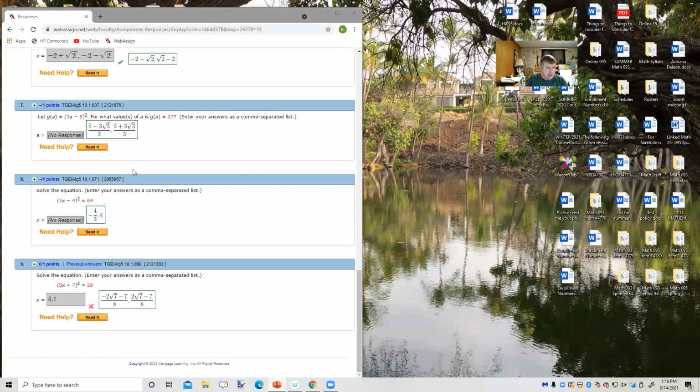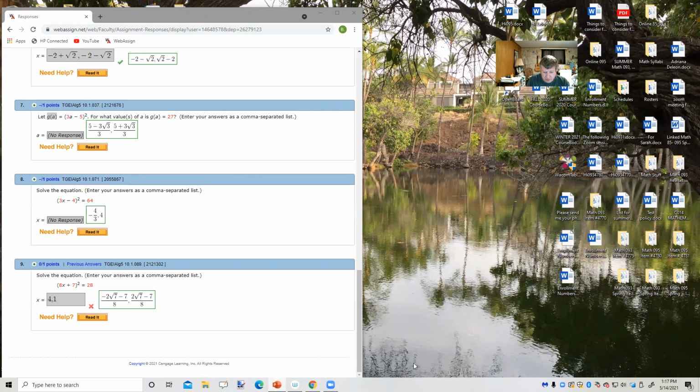So number 7, it says, let G of A equal the quantity 3a minus 5 squared. For what value of a is G of A equal to 27? So what we're going to do is take the 27 and put it in the place of G of A. So our equation is going to be 27 equals the quantity 3a minus 5, squared.